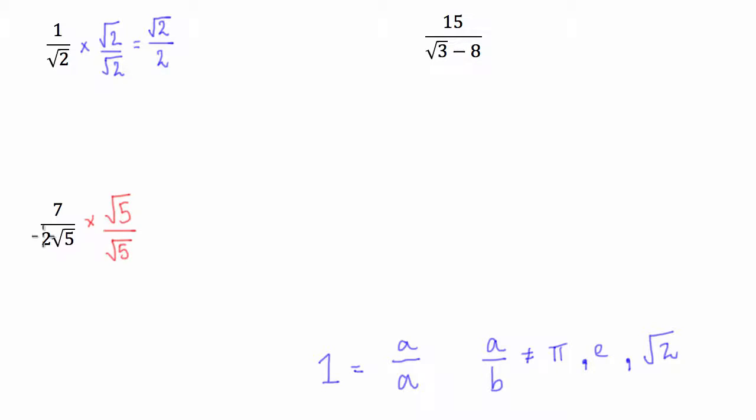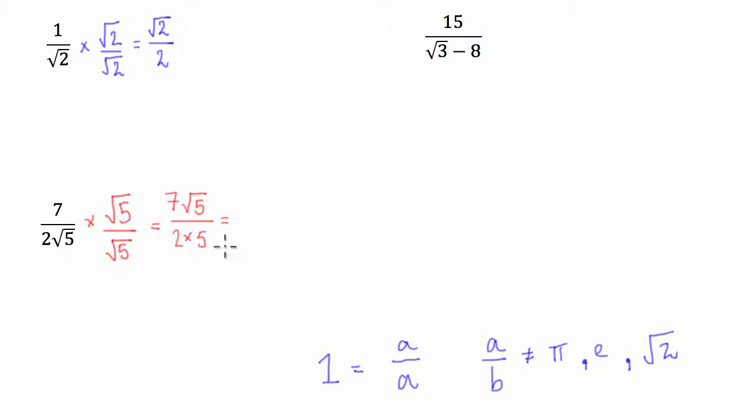Now we're going to end up with root 5 times root 5 is 5. So we're going to have in the base 2 times 5, and in the numerator, we're going to have 7 times root 5, or 7 square root 5.